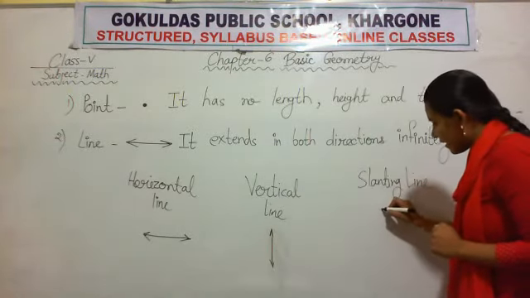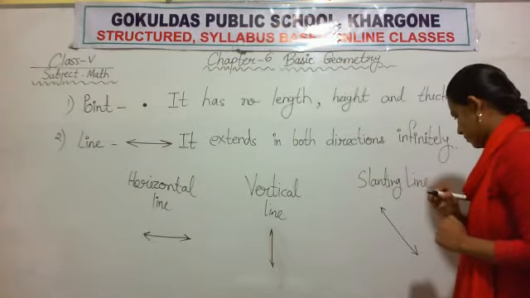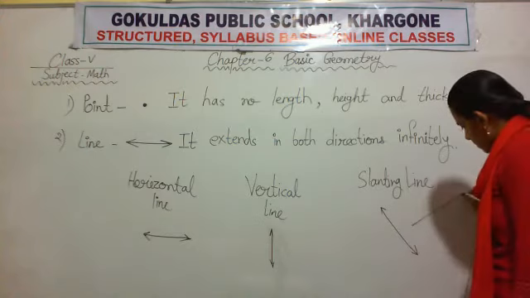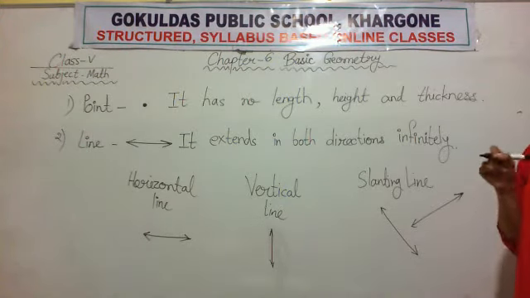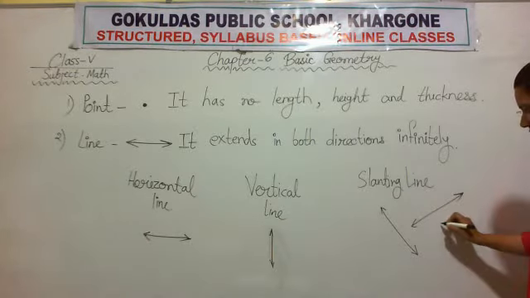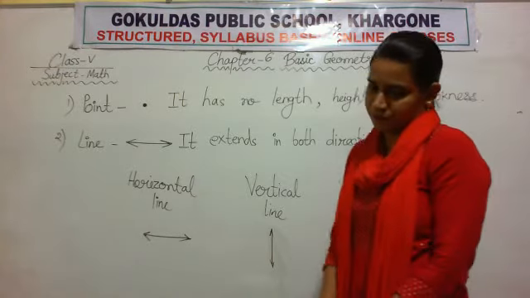If the line is in this way, we call it a slanting line. In Hindi we call it tircha. Tirchi line is called a slanting line. Okay, so these are the types of line.